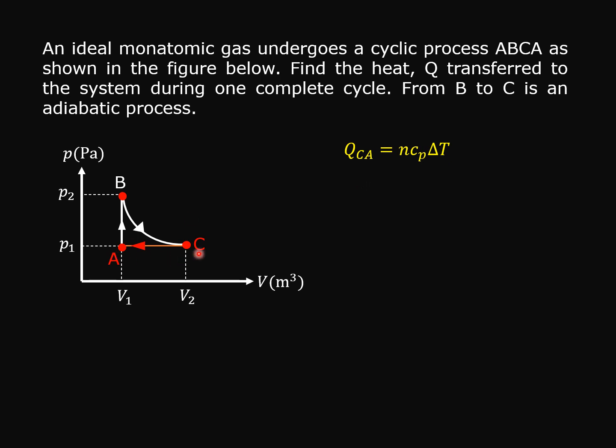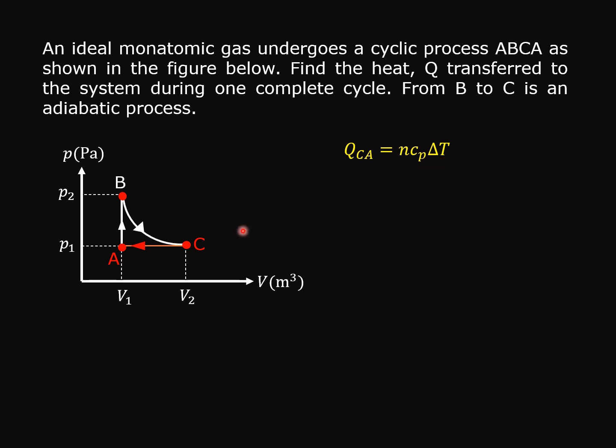For the process C to A, which is isobaric cooling, we have Q_CA equal to nC_P delta T. We can use this formula to directly evaluate Q_CA instead of using the first law of thermodynamics, where C_P is the molar specific heat at constant pressure for the gas.